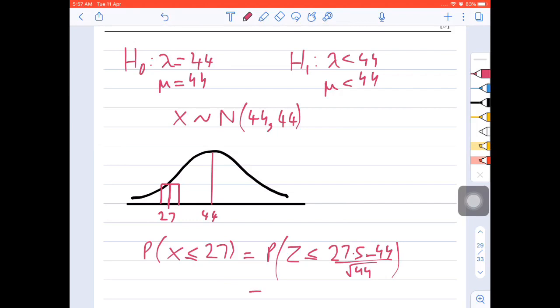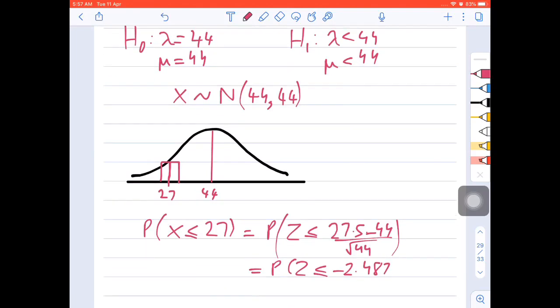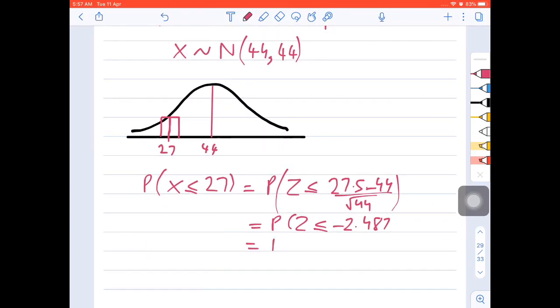This is equal to probability of z less than or equal to minus 2.487, which is 1 minus phi of 2.487.